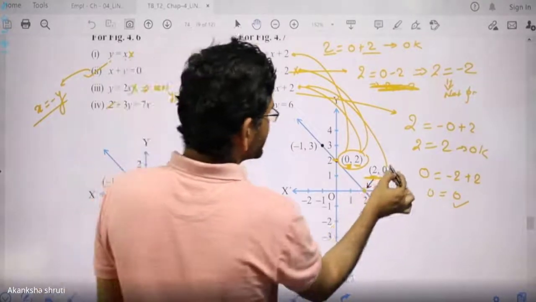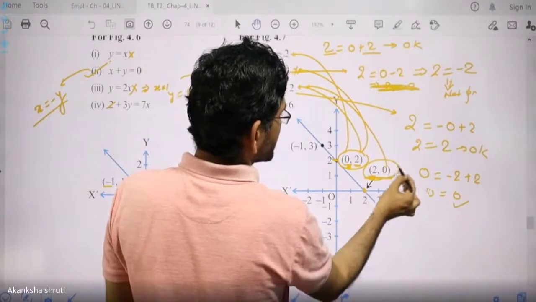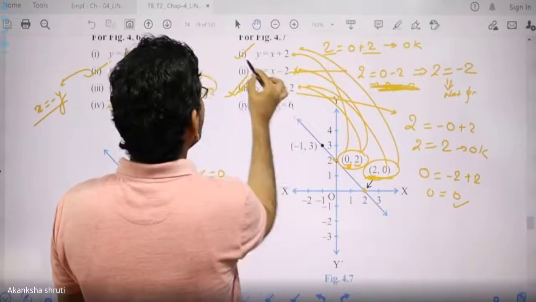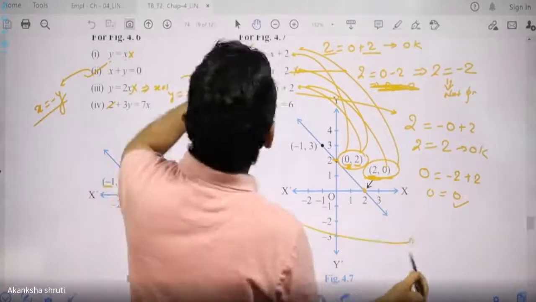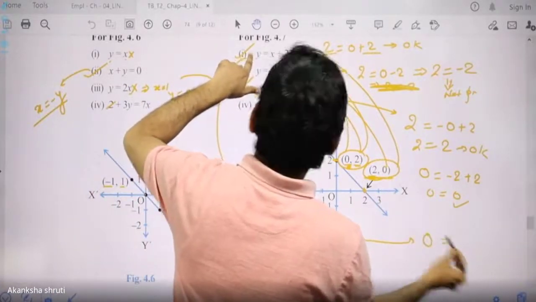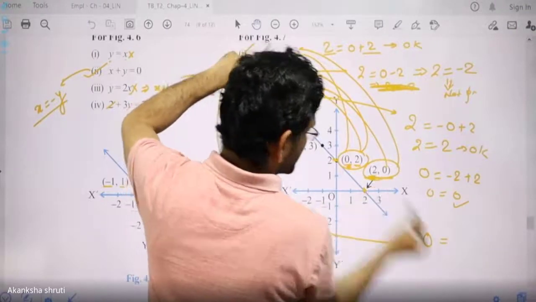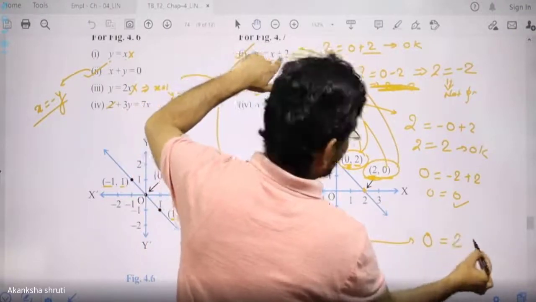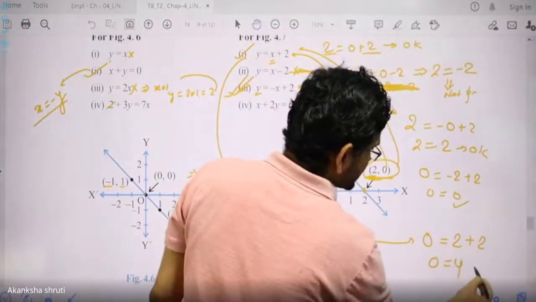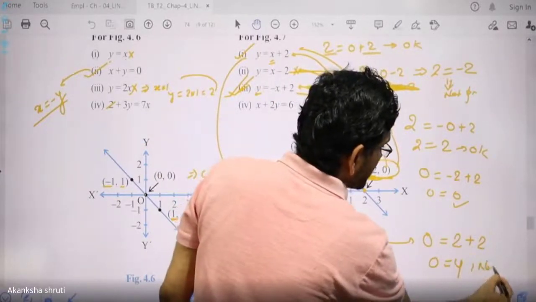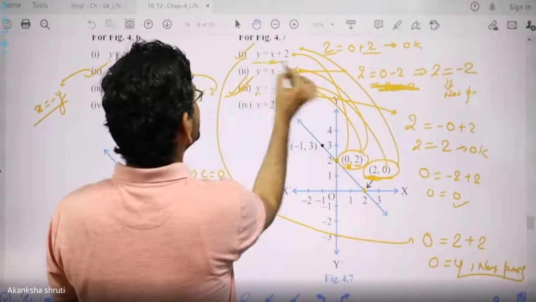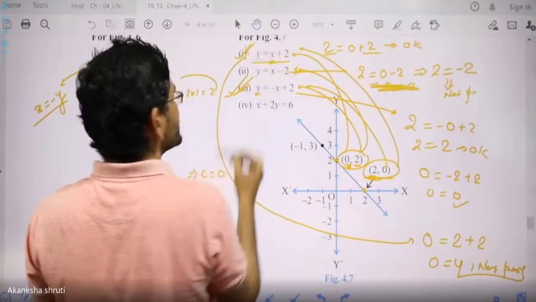If we take this coordinate point in the first one, then y is 0 and x value is 2, plus 2. So 0 equals 4. Students, this is not possible. Therefore, whatever we were first considering is not possible.